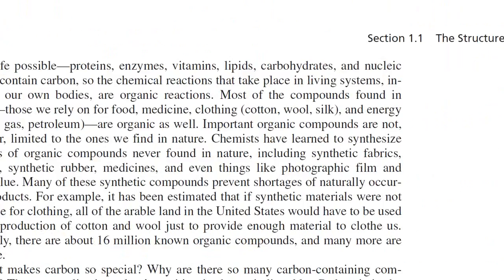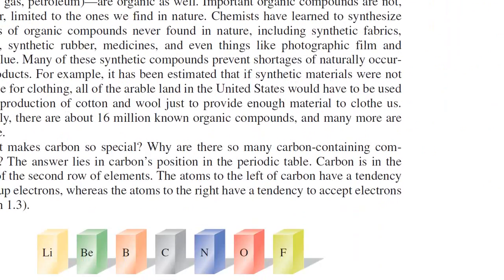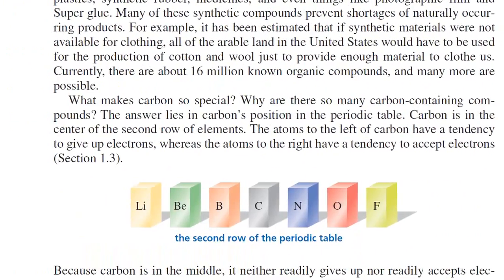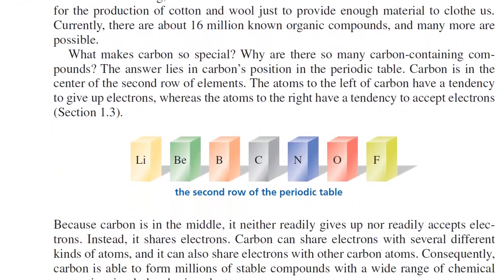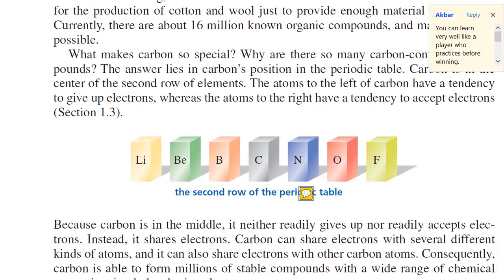We're going to talk about this little table, the second row of the periodic table. You see all the atoms here, carbon in the middle, with three atoms on this side and another three on this side.